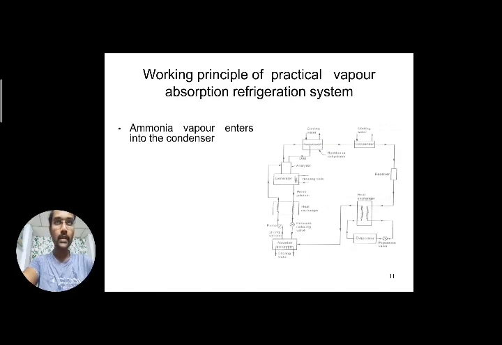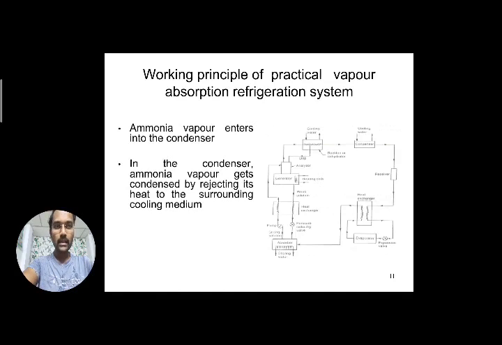Due to that, whatever little amount of moisture content is there in the ammonia vapor, it will freeze, and it will choke the pipeline here. The expansion valve will get choked, and it will stop the passage of the liquid ammonia flowing into the next component, that is, the evaporator. So there is a chance of getting stuck or the pipeline getting choked. Due to low temperatures, the moisture may freeze here.